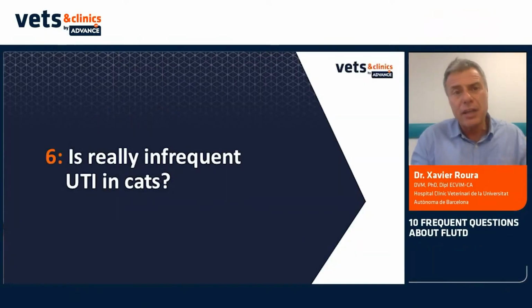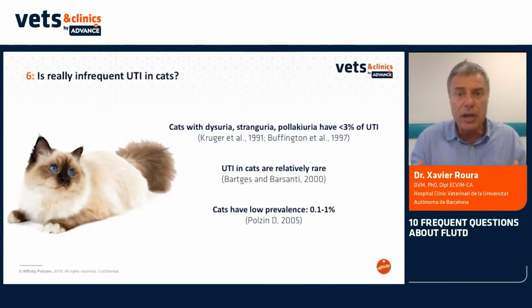Yes. Traditionally, when we talk about urinary tract infection in cats, more than 20 years ago, all the descriptions said that cats with these clinical signs have a low frequency of urinary tract disease.